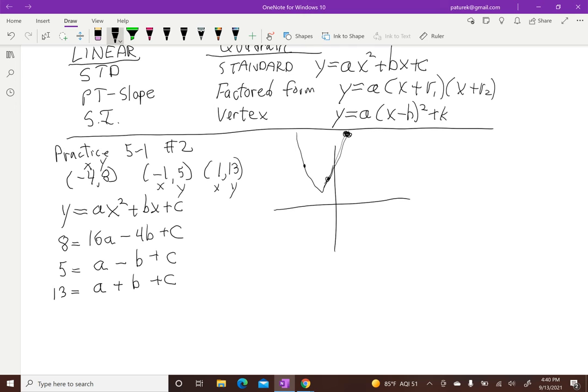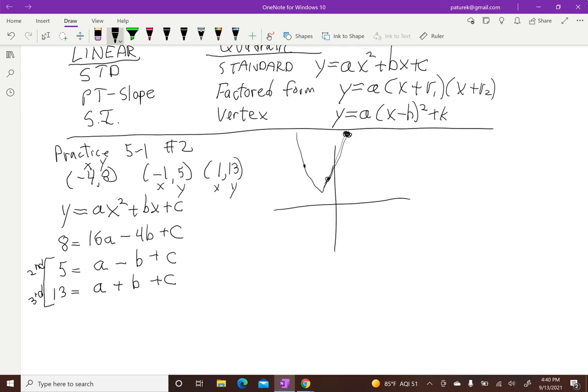So I'm really focused on the second and third equations because they both have 1a and they both have 1c in them. So if I subtract this second equation from this third equation, I will lose both the a's and the c's and have nothing left but b's and a constant.